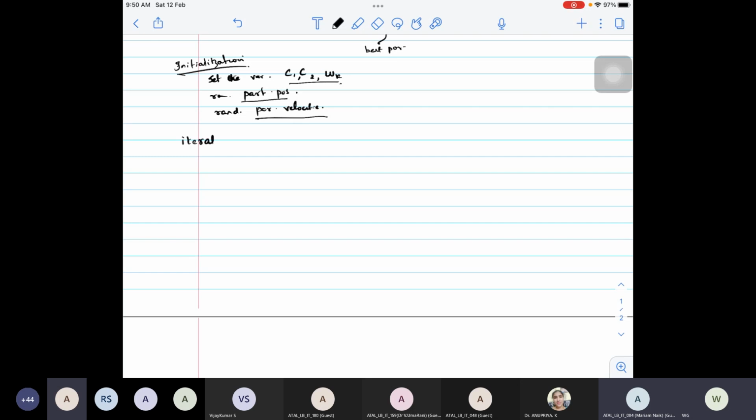So basically you have two more parameters, the number of iterations, right? And another thing that needs to be decided is the number of particles, right? So over several iterations, you update all the particles' position and velocity by every time calculating the particle's fitness, right?